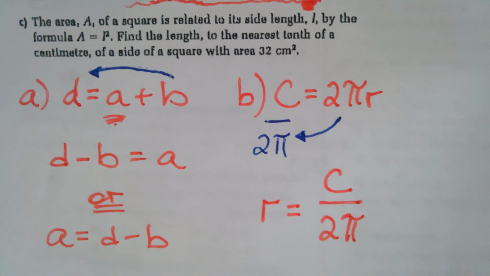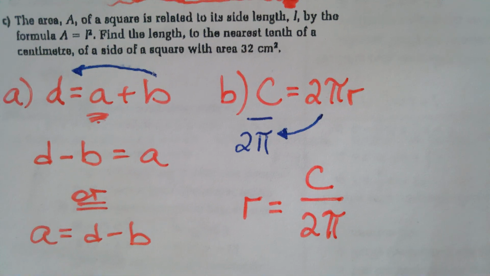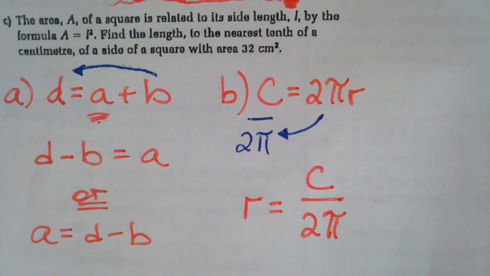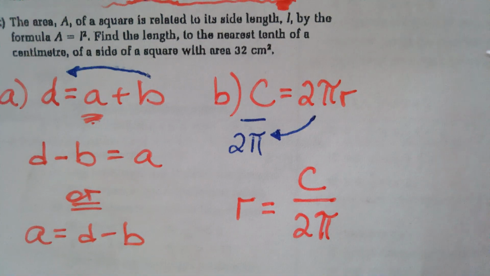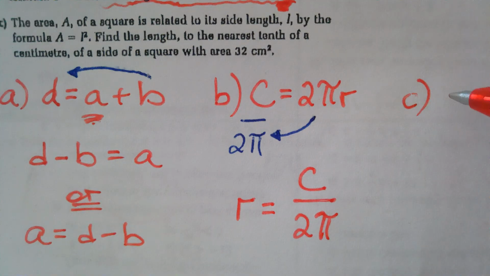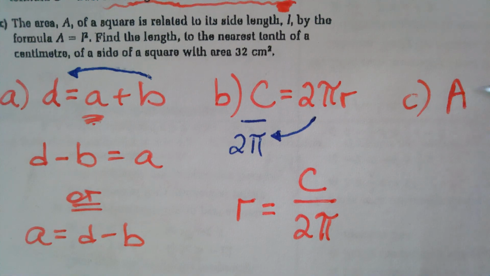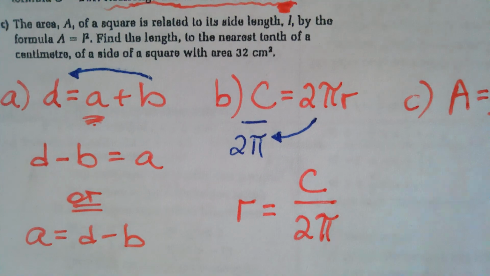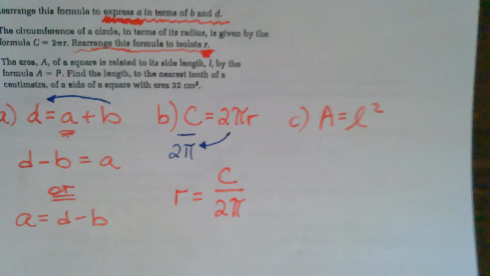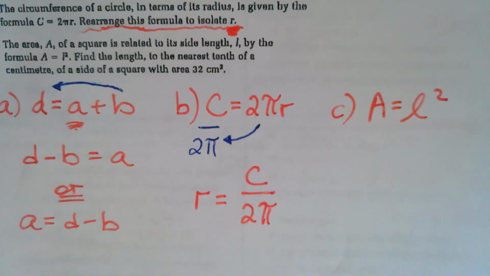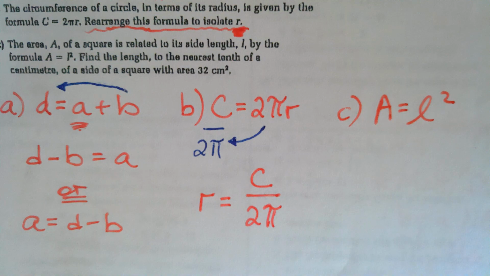And then last one, area of a square. The formula for area of a square is A equals L squared. Okay, I want to find the length.